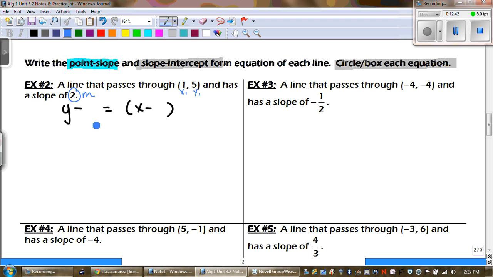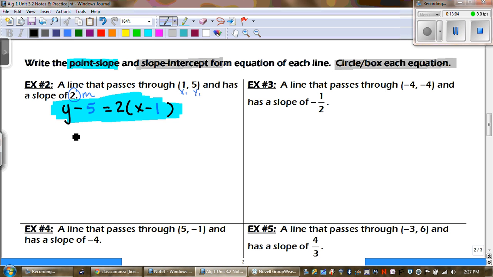Okay, my first blank is my y, which is 5. My slope is 2, and my x is 1. Okay? Oops, I want blue. That's our first equation. Okay?